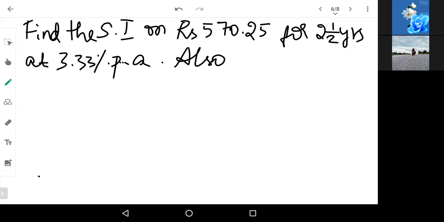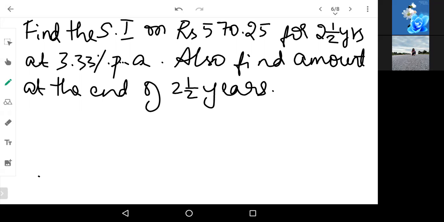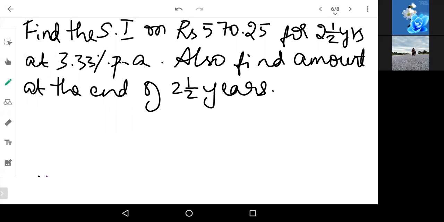Also, find amount at the end of 2.5 years. Now, whenever they say find the amount, you have to find amount is equal to principal plus interest. Okay. Now, with the same technique, let us solve it.